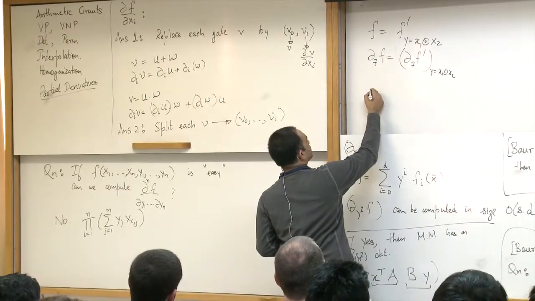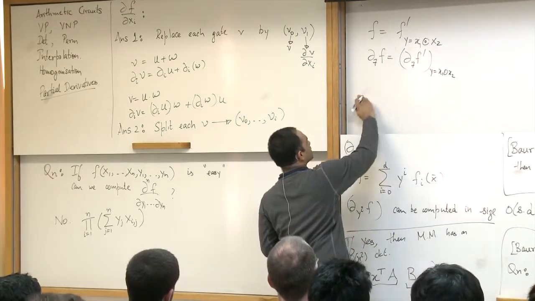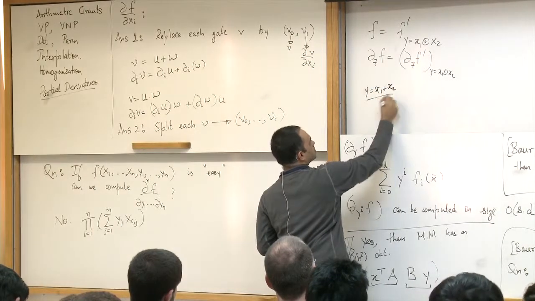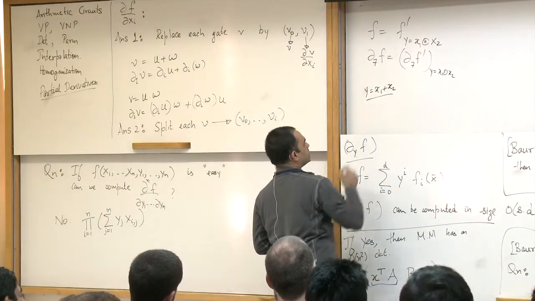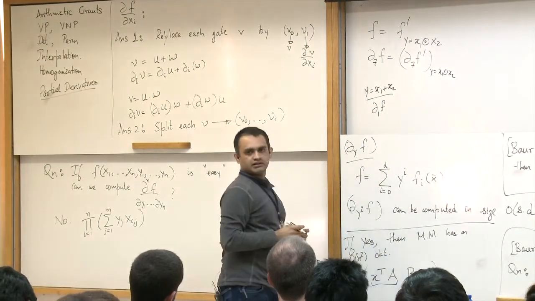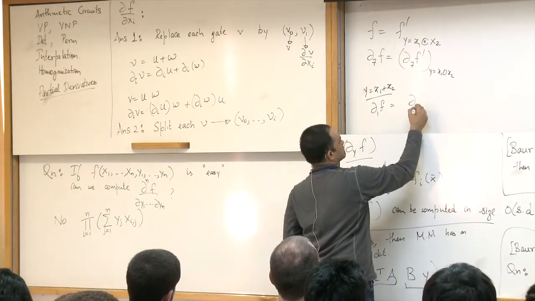Okay, so now, let's look at the two cases. The case is like y equals x1 plus x2. In this case, what is going to be the derivative of f with respect to the first variable? So this is just a simple exercise.